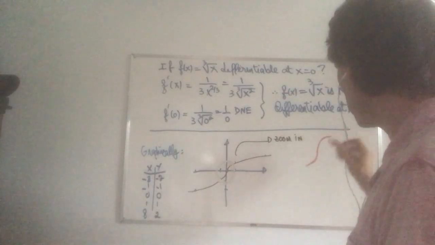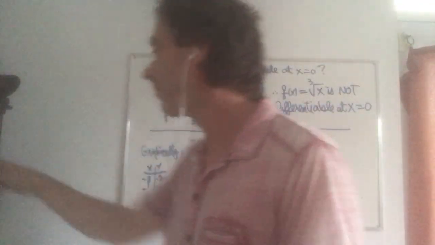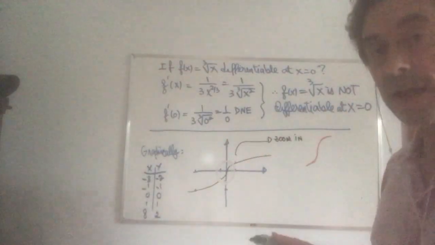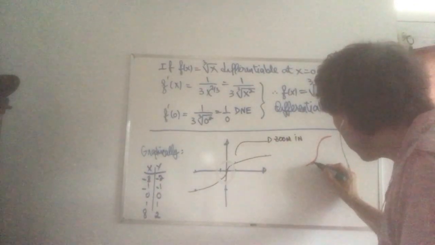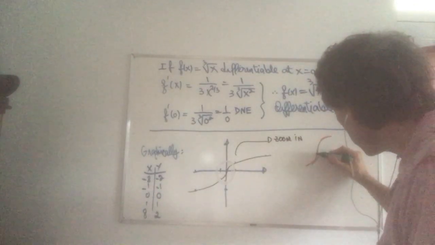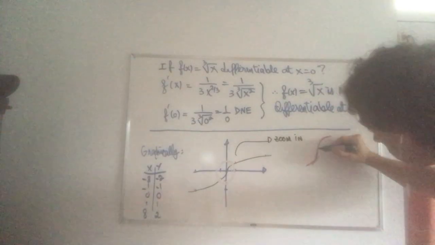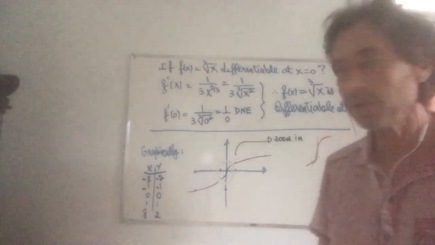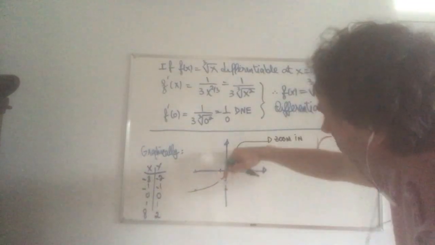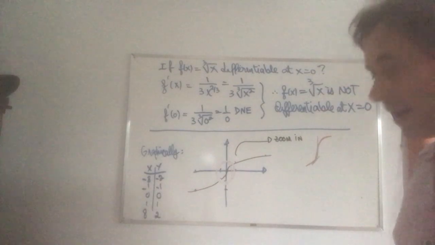Now, you remember that the derivative is nothing else, graphically, than the slope of the tangent line. So if I take a tangent line here, I'm going to get that. If I take a tangent line here, I'm going to get that. And at some point here, the tangent line is going to be absolutely vertical. Because look at this thing going steep, steep, steep, and then flattening out again.